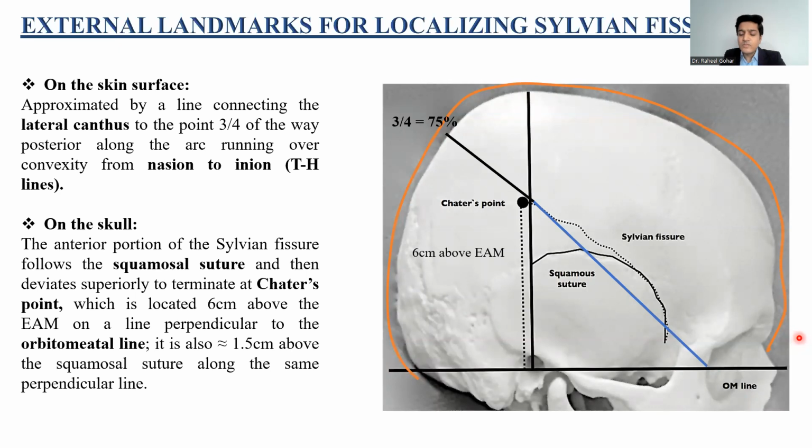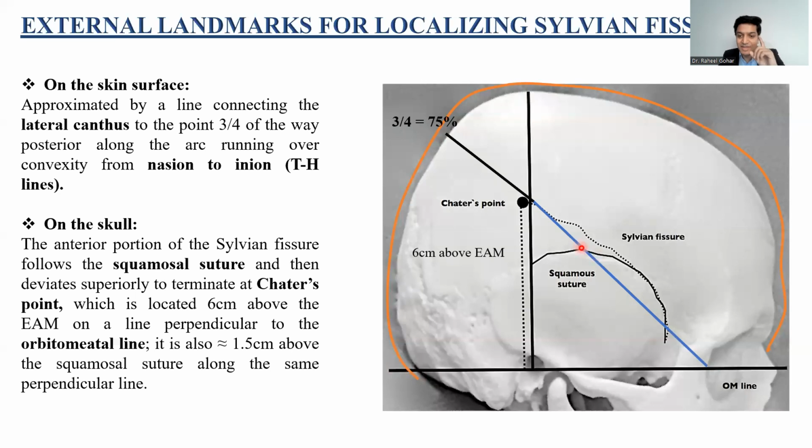Okay. Now how are we going to use this line to identify the sylvian fissure, motor cortex, central sulcus? Let's begin. So first of all, the sylvian fissure. We have already discussed one very important suture which is known as the squamous suture, which is a suture between the temporal bone and the parietal bone. So if we have exposed the temporal area, just identify the suture, and the sylvian fissure is actually running along this line.